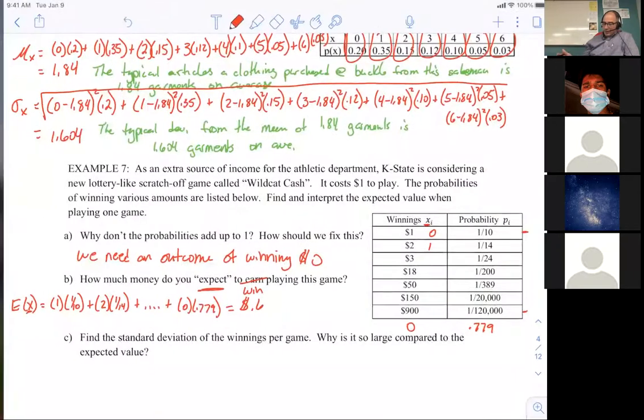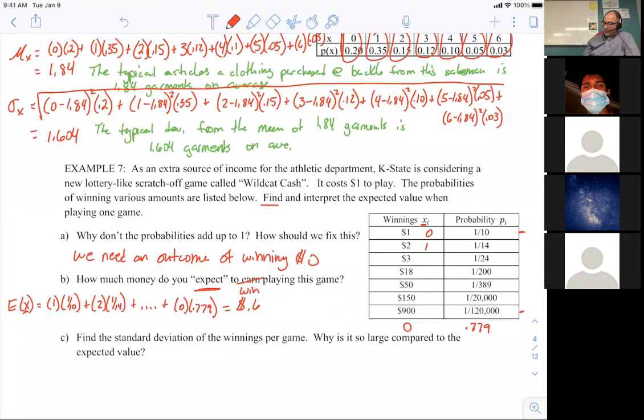So, sorry. Anyway, the other thing here was we need to find and interpret.